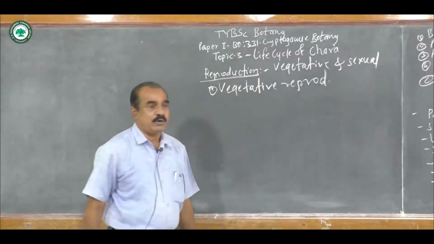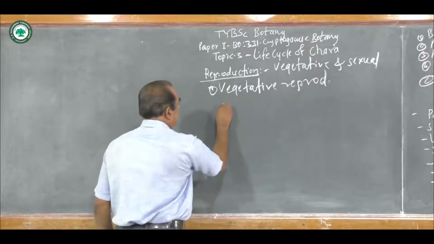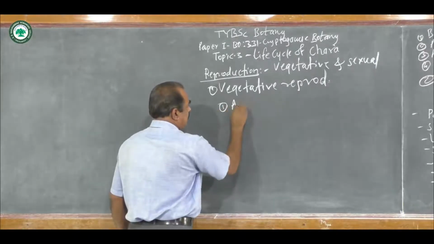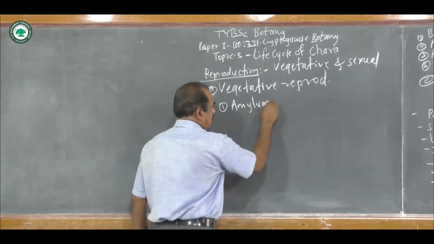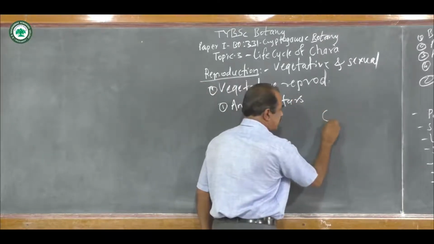Now vegetative reproduction is again of different types. From this, number 1, that is the amylum stars. Now these are the star-shaped structures.